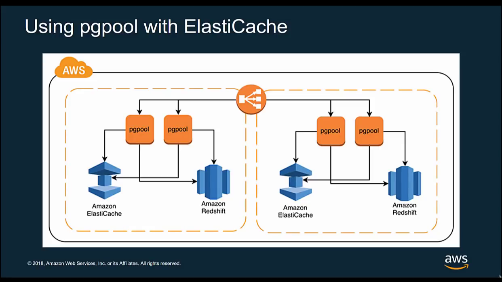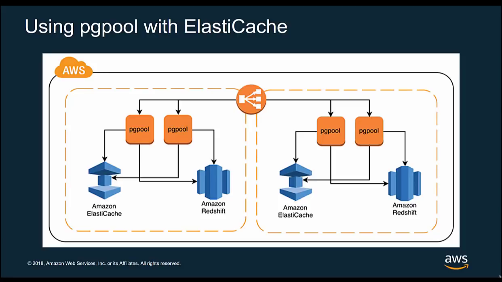You could replace it with a MongoDB database. You could replace it with, well, not MongoDB, but you could replace it with any other database that's supported by pgpool, and then your application talks directly through pgpool, and then it will hit ElastiCache if the values are stored there, and if not, it will hit the data source, in this case, Amazon Redshift.